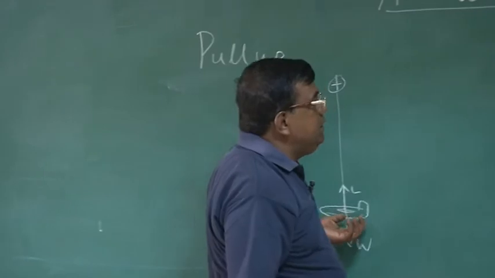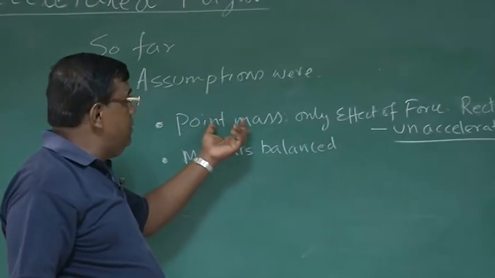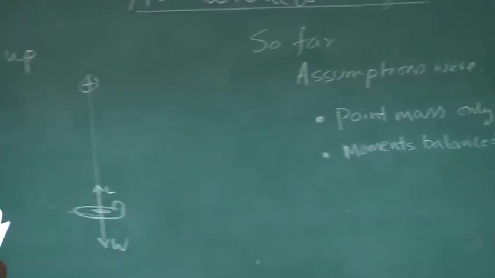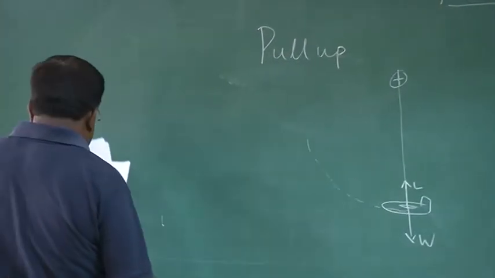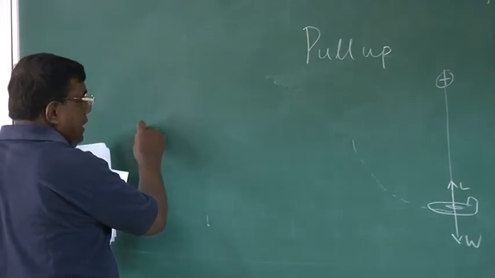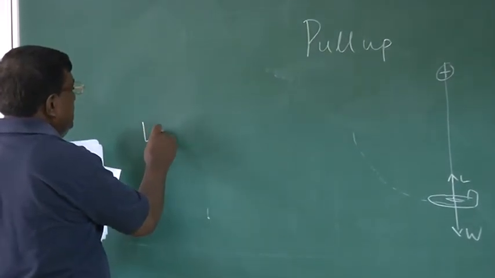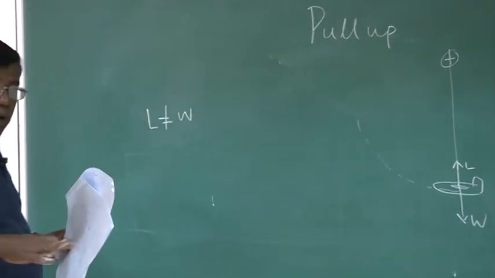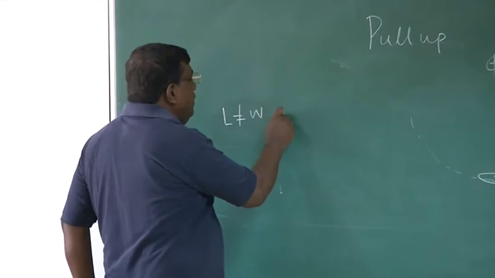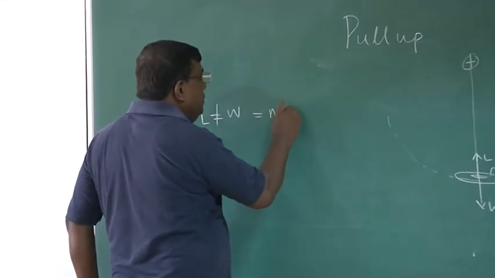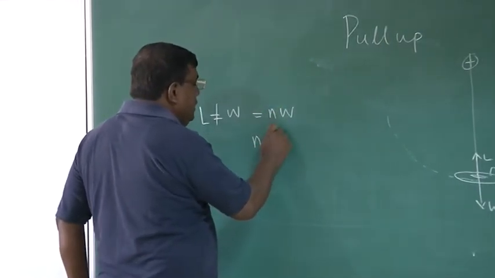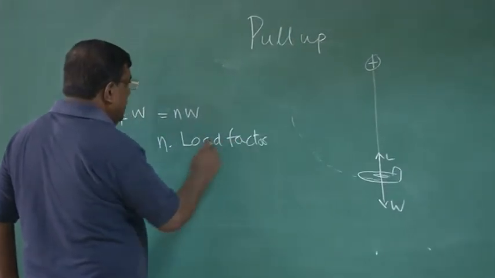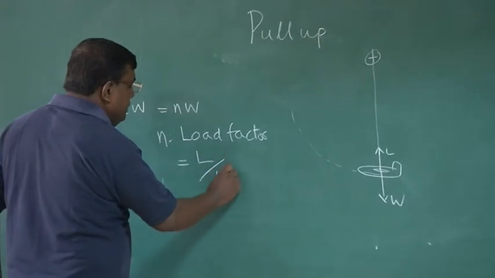If I draw this diagram and try to write the equation of motion, again assuming this is a point mass, and of course assuming the moments are balanced. Lift is now not equal to weight, if it is going like this. So I write lift equal to NW, where N is the load factor, which is nothing but the ratio of lift to weight.